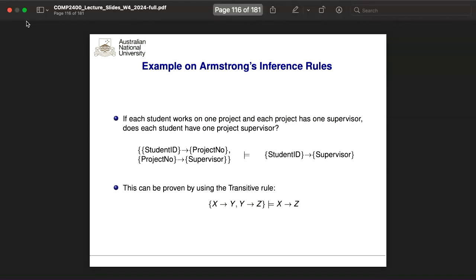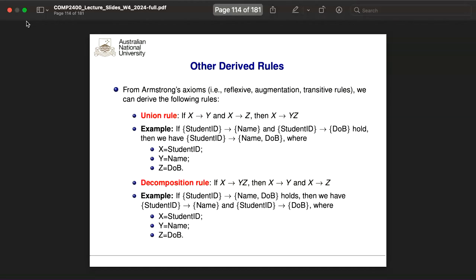Or we could have the decomposition rule. If X determines YZ, okay, then we may split Y and Z. That means we have X determines Y and X determines Z. Okay, the same example, student determines name and date of birth, then we split name and date of birth, then we have 2 functional dependencies. Still very simple, right?